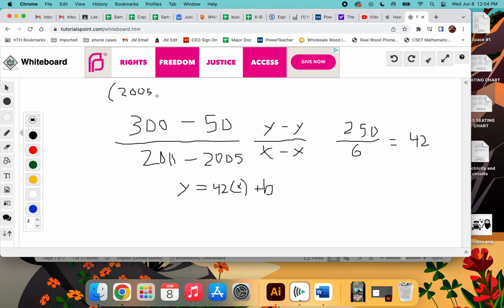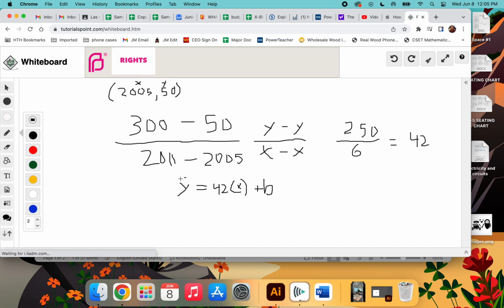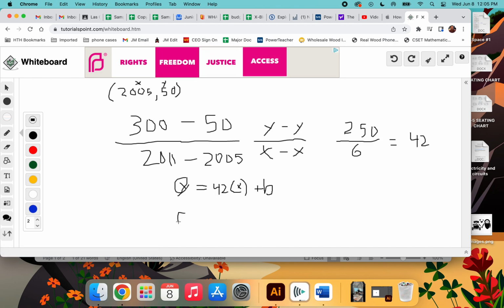I'm going to write these points here so you can see what the point is. Then I plug in the y, which is 50, and the x, which is 2005.